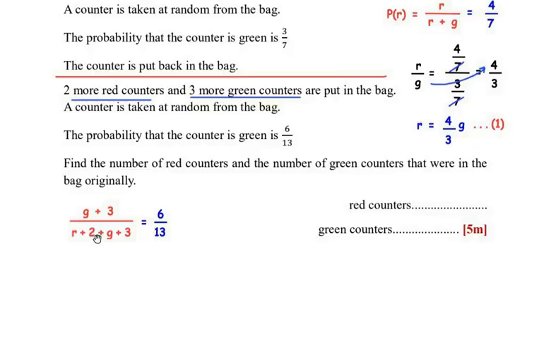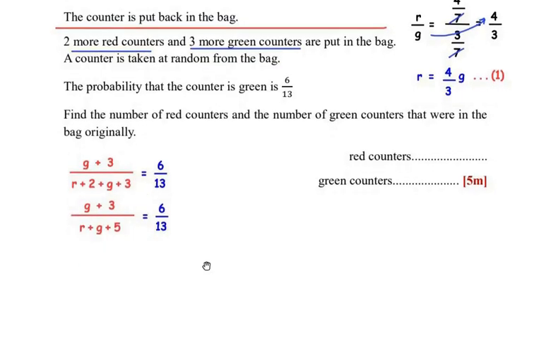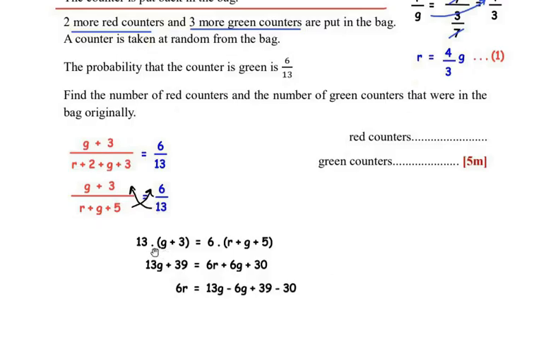Now let us simplify this. So here we get g plus 3 divided by r plus g, and 2 plus 3 gives us plus 5 is equal to 6/13. Now let us cross multiply. That is, 13 multiplies with this numerator and 6 multiplies with this denominator, giving us 13 times g plus 3 is equal to 6 times r plus g plus 5.